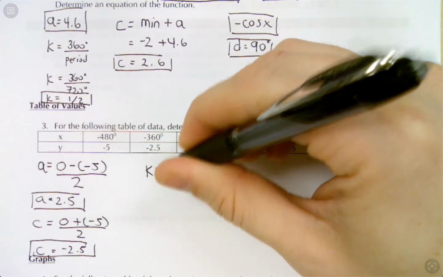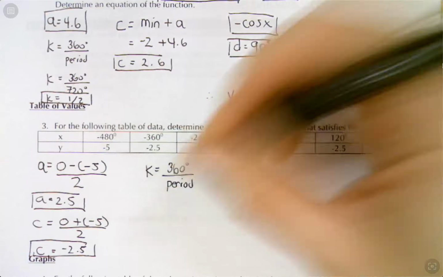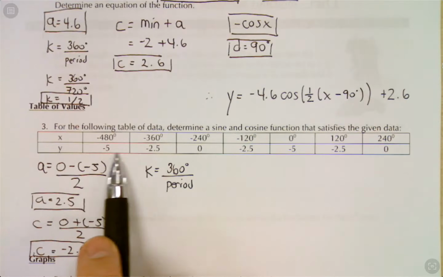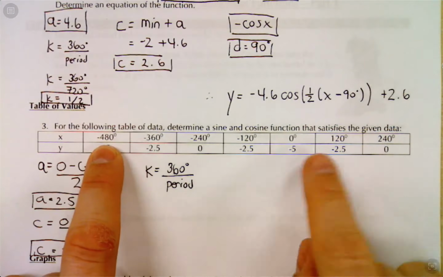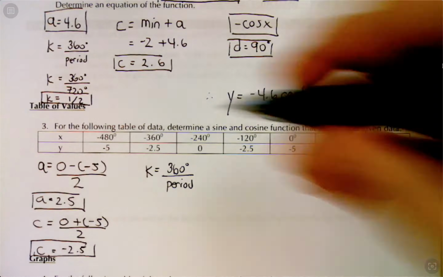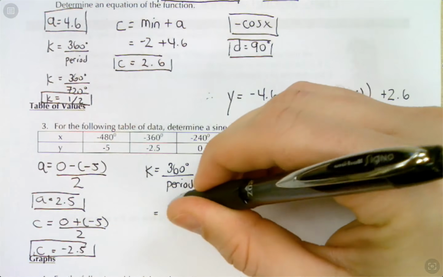K. To find K, we do 360 divided by the period. Well, we have to figure out what the period is. How long does it take to go from a min to a min or a max to a max? We've got a minimum here, and the next minimum is here, from negative 480 to 0. So that's 480 degrees until we repeat. That means the period is 480.